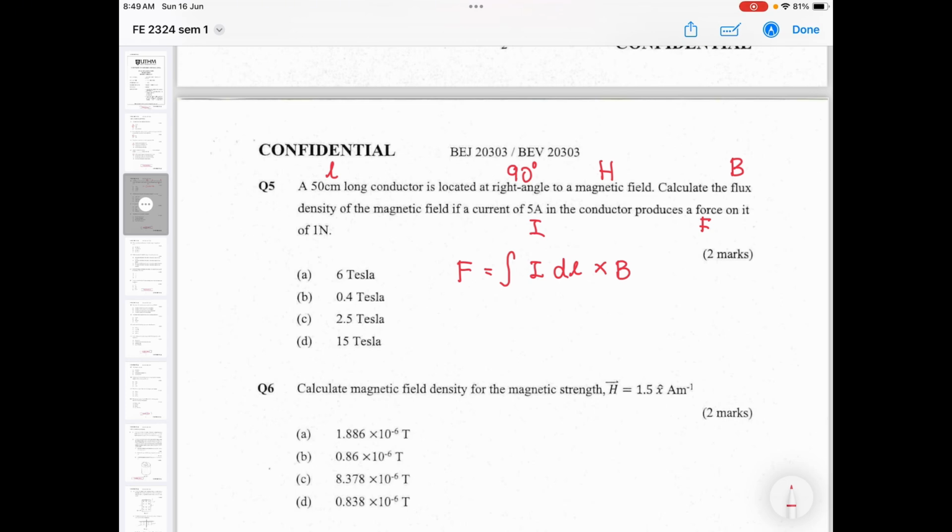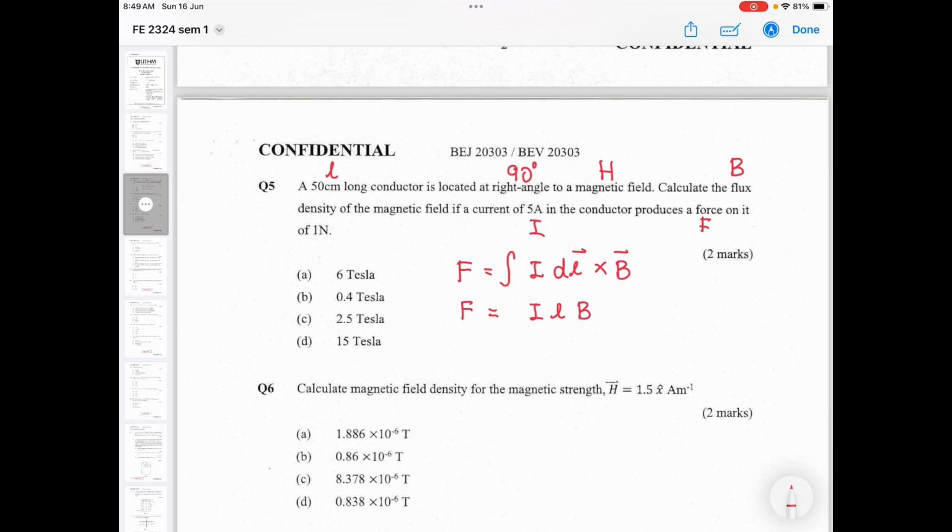So you plug in the formula: you have the force, I, and L, and you are required to find B.